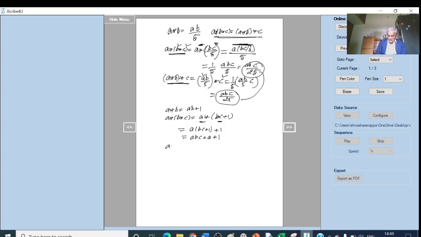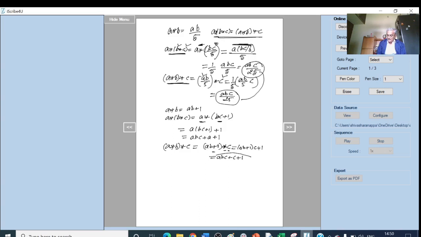And what about A star B star C? A star B is nothing but AB plus 1, so AB plus 1 star C. Again, star means first element into second element plus 1, that is AB plus 1 into C plus 1. Multiplying, we get ABC plus C plus 1.